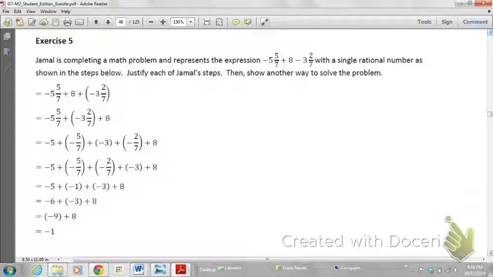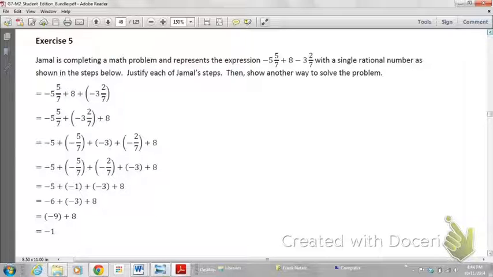In exercise 5, what I'd like you to do is go ahead and look at all the steps that Jamal took. When it says justify each of Jamal's steps, let me just go ahead and read it first.